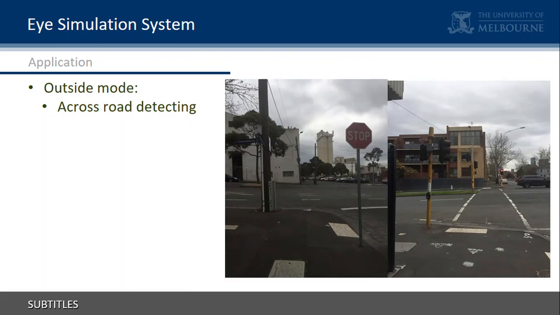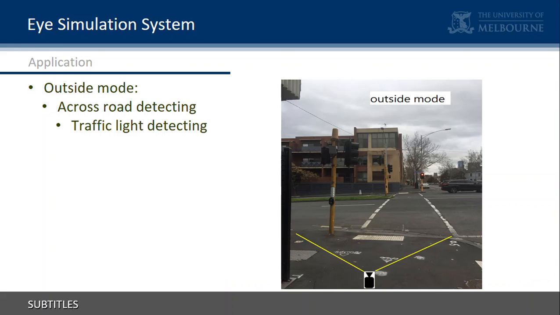Another threat on the walking route for blind people is crossing the street. There are two kinds of intersections when walking on the road. One has a walk signal, the other does not. Our eye simulation system continues capturing images to process when the captured image contains a walk signal.